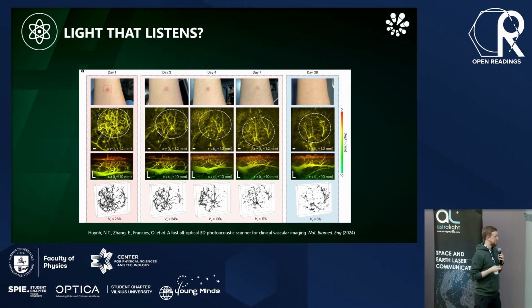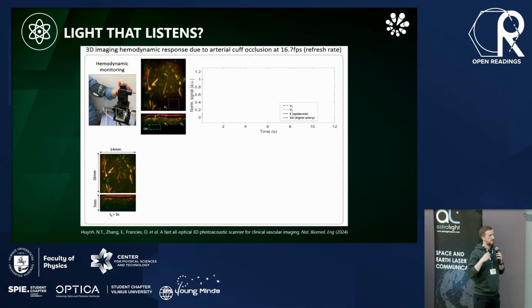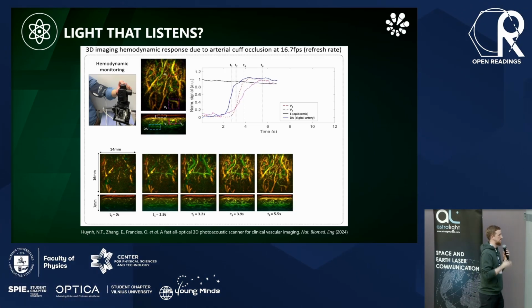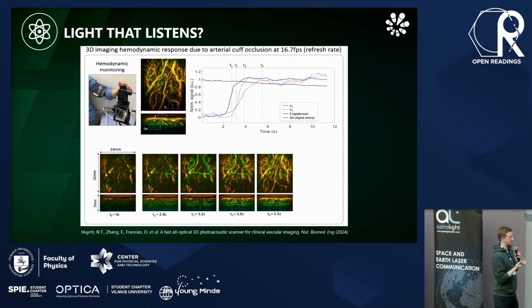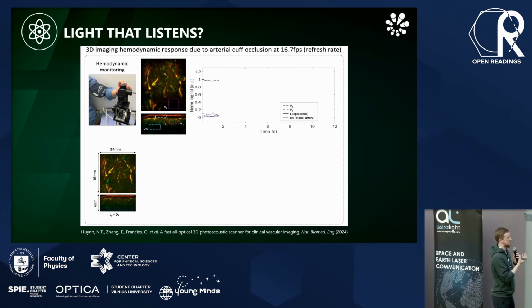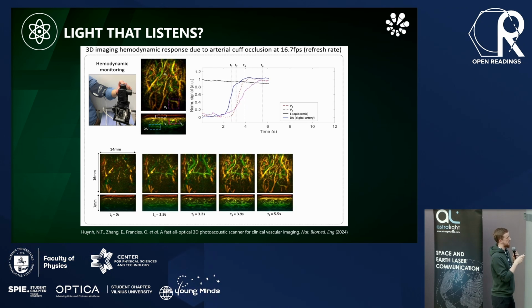But the interesting topic is that they achieved a very fast response. They are using our laser with their own equipment, and they achieved a very high response from the fingertip. In this case, they cut off the bloodstream in the finger, and they released it, and you can see that the blood and blood vessels were detected in just a fraction of a second.